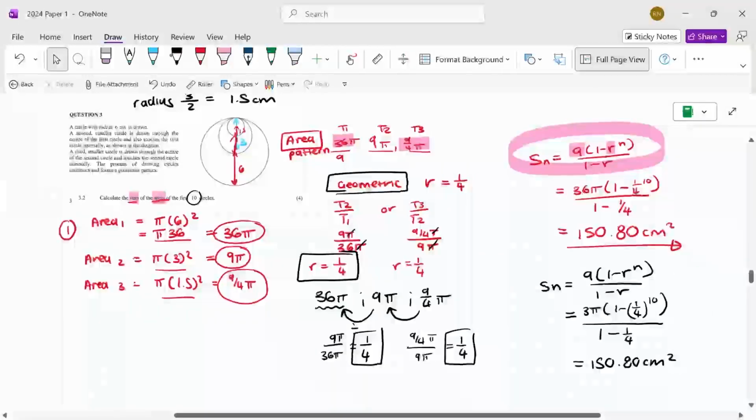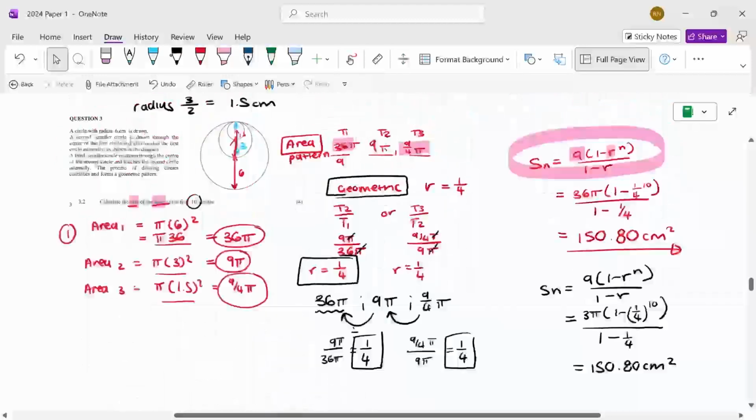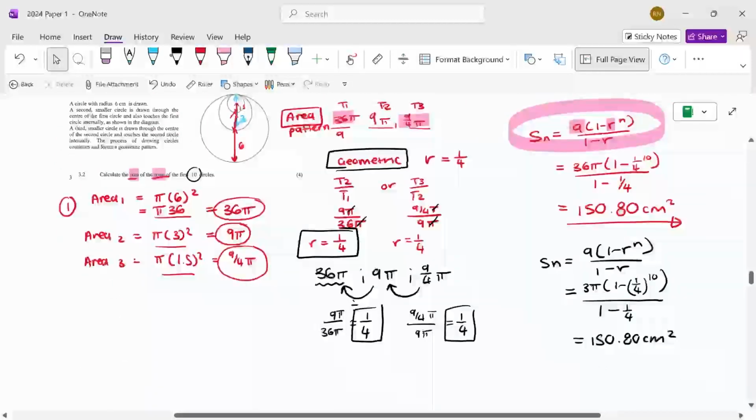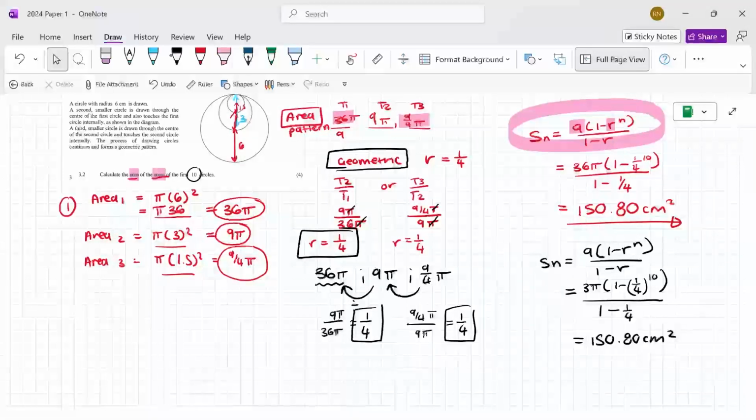The next question is similar, and I want you guys to try it. It's very similar to what we just did. We had to find the areas because they asked for the sum of the areas. Oh no, hold on, let me try and delete this. I didn't delete the answer before I started. Just give me one second.